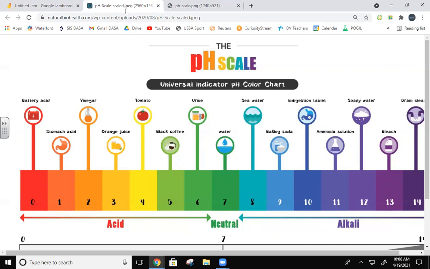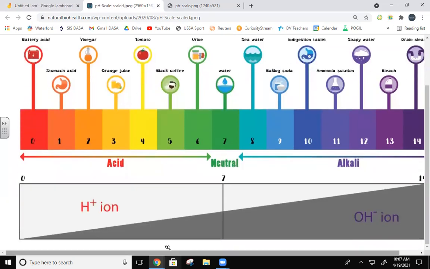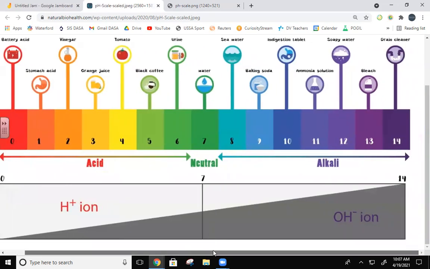So yeah, this is what a pH scale generally looks like. Again, what does it mean if we look at this? This gives us a very good indication of what we are actually measuring. In the pH scale, we are measuring the concentration of hydroxide ions or hydrogen ions.